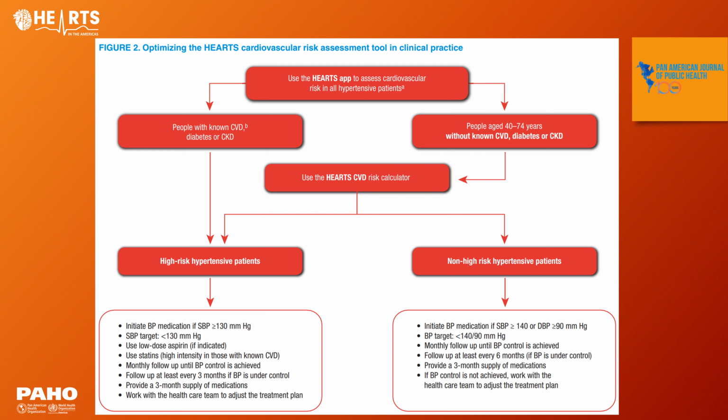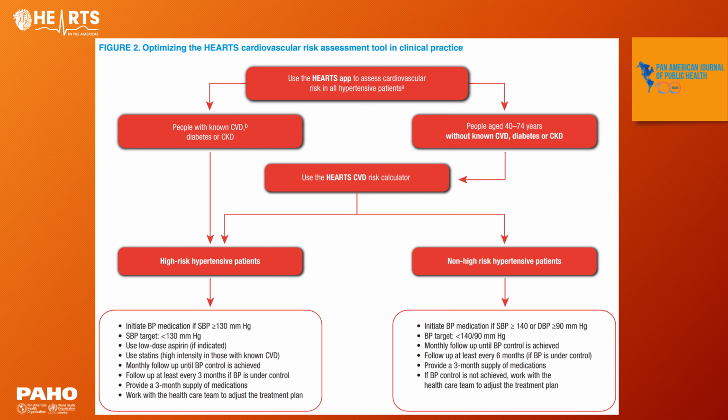The optimal use of the HEART app also involves applying it to high-risk individuals, such as people aged 40 to 74 years with known cardiovascular disease, diabetes, or chronic kidney disease. In such cases, the tool's value is to enhance treatment guidance about managing risk factors based on the individual risk profile.